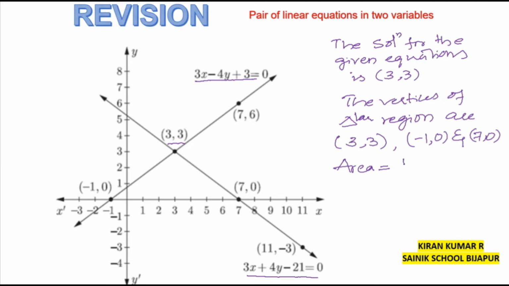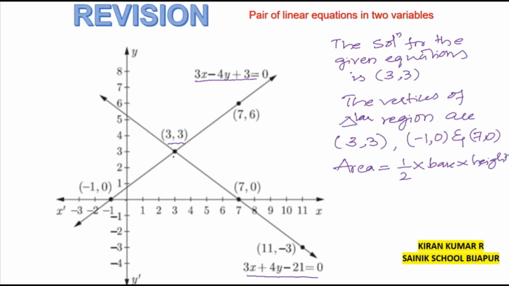Area of the triangle is half base into height. Base is the distance between minus 1 and 7. From here to 0 there are 7 units. From 0 to minus 1, one more unit, together 8 units.